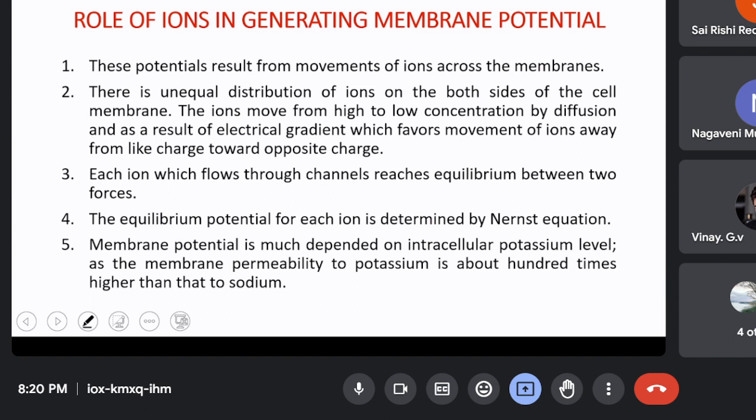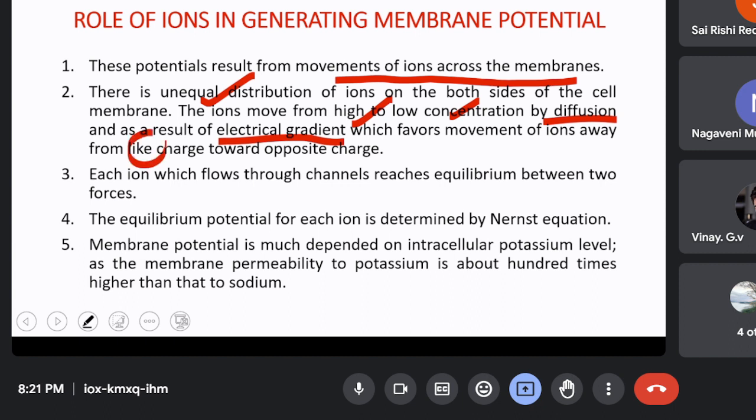Coming to the role of ions, the potentials result from movements of ions across the membranes, because of which there is an unequal distribution of ions on both sides of the cell membrane. Ions move from high concentration to low concentration by diffusion, which results in an electrical gradient as the ions move from like charge to opposite charge.